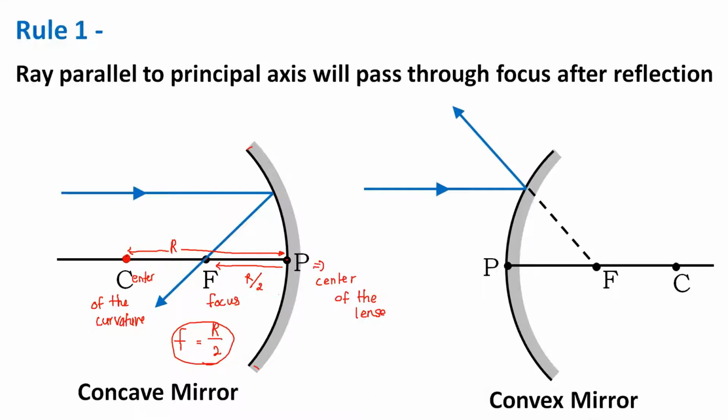Okay, so always in these problems, we start measuring distances from this P point. So from P to center, the distance is radius. From P to focal point, the distance is simple F, focal length, which is R over 2.